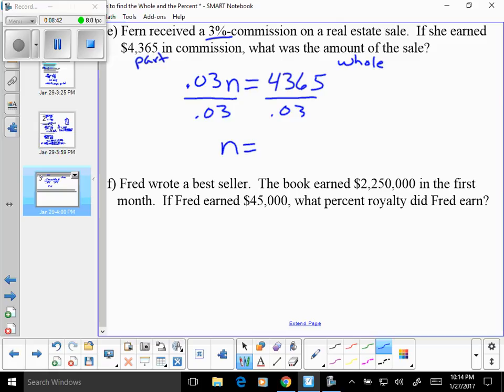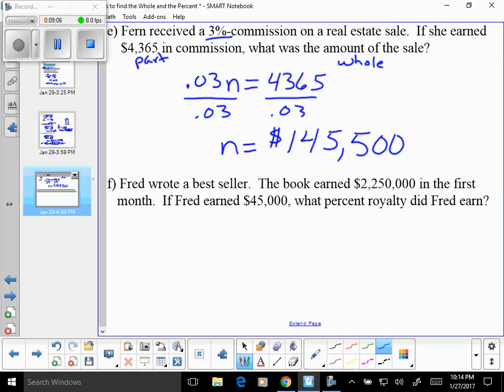I'm going to take just 4,365 and divide by 0.03. And Fern must have sold something that was worth $145,500, which today is probably not a big price for a piece of real estate.